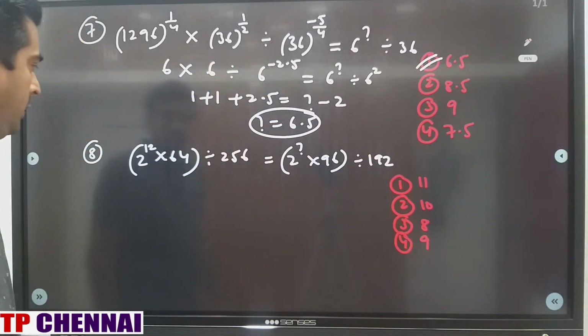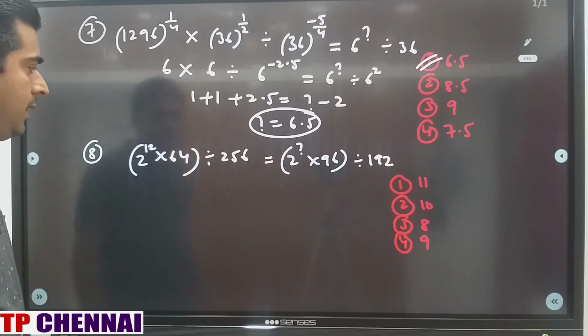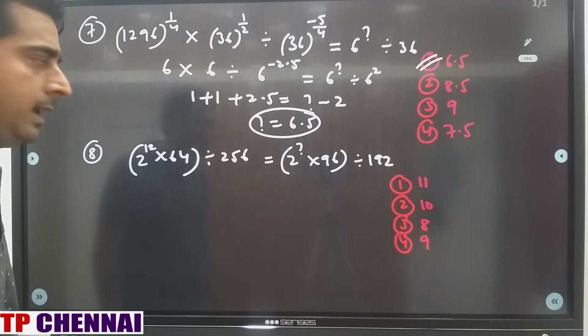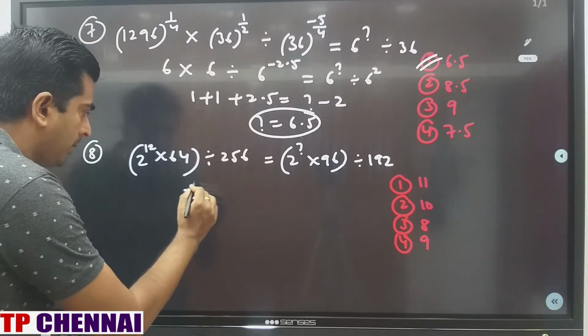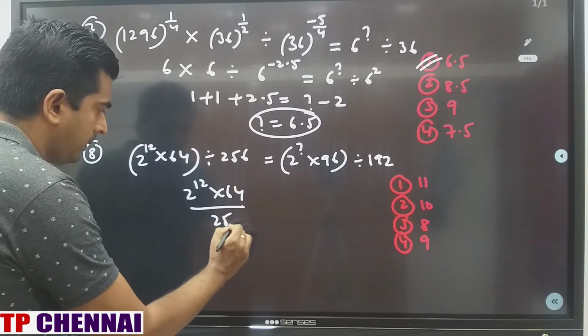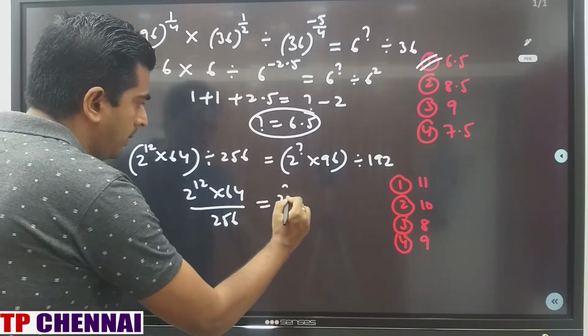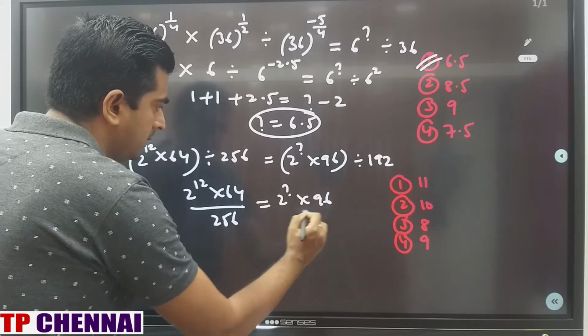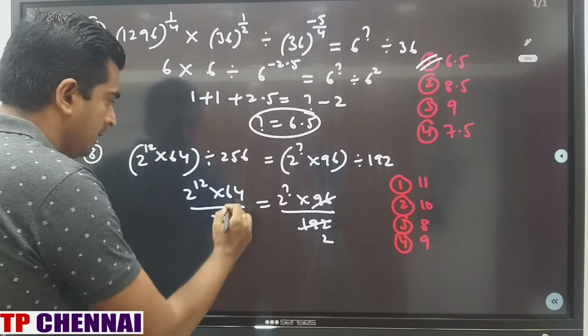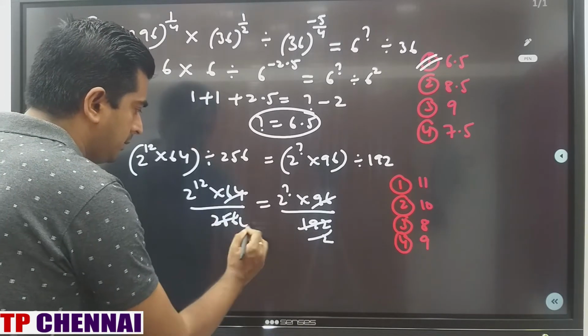Next one, 2 power 12 into 64 whole divided by 256 is equal to 2 power question mark into 96 whole divided by 192. This is 2 power 12 into 64 divided by 256 is equal to 2 power question mark into 96 divided by 192. This is 2 times. This is 4 times. This is 2 times.